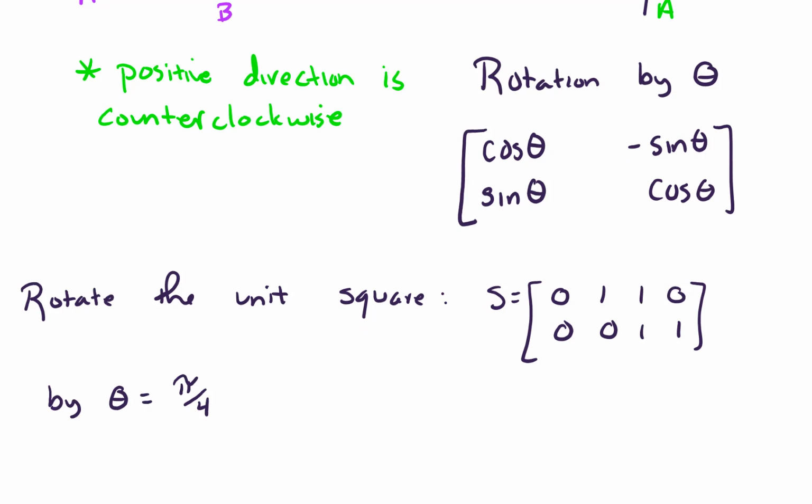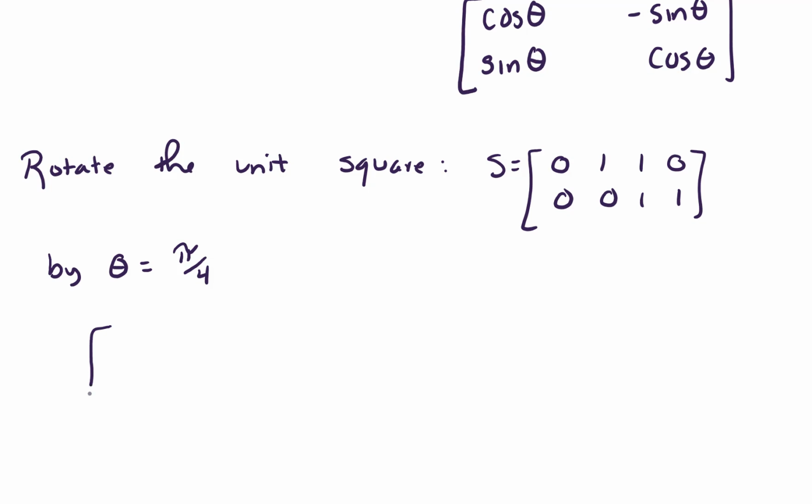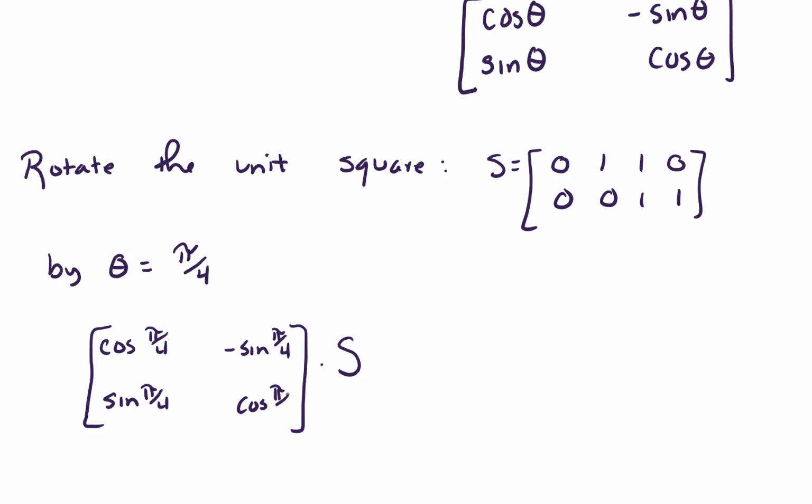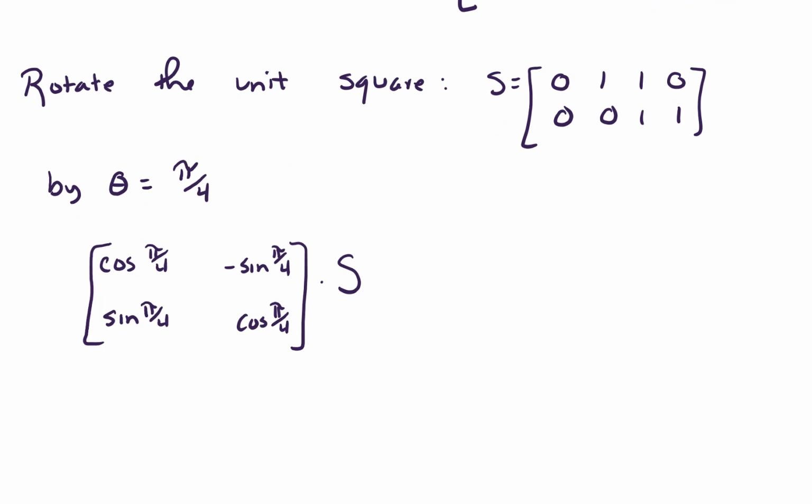What we need to do is multiply our rotation matrix times S. So our rotation matrix is cosine pi over 4, negative sine pi over 4, sine pi over 4, and cosine pi over 4. So what would that calculation look like?